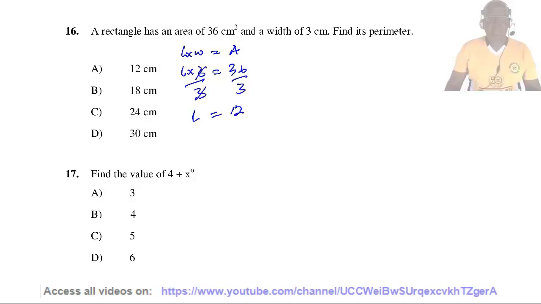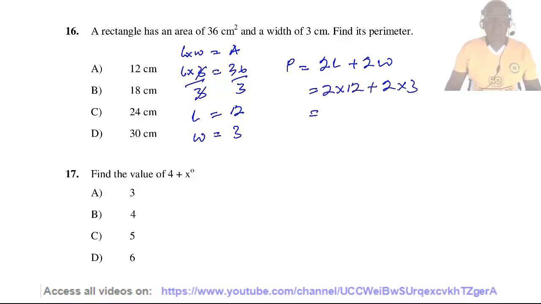So L equals 12, and the width equals 3. So the perimeter is going to be equal to twice the length plus twice the width. So 2 times 12 plus 2 times 3, which equals 24 plus 6, which equals 30. So the answer is D.